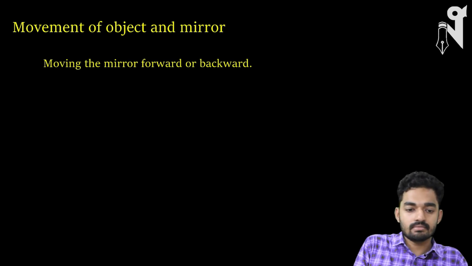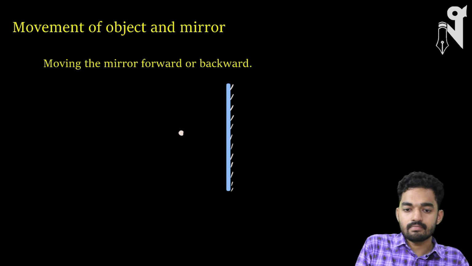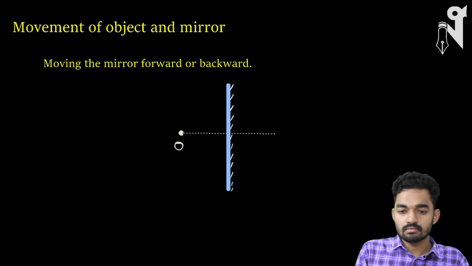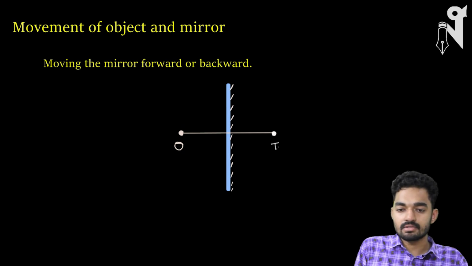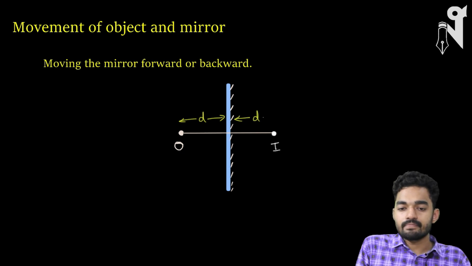Let's say we have a mirror like this, coated like this, and we have the object over here, and the image will be on this line which is perpendicular to the mirror, and the object distance will be equal to the image distance. So let's say the object distance is d, right? So the image distance will also be equal to d.